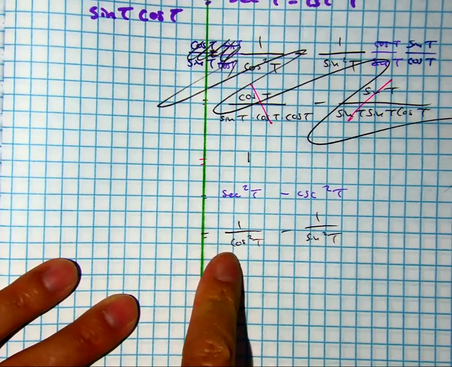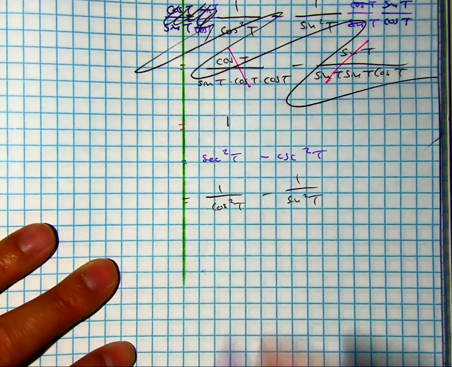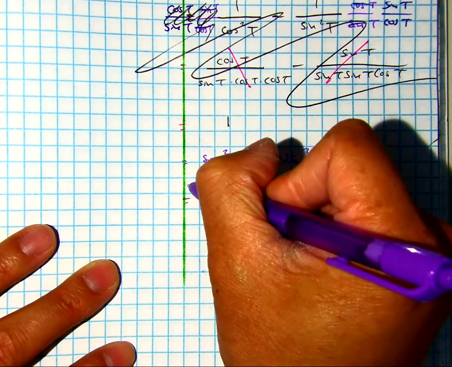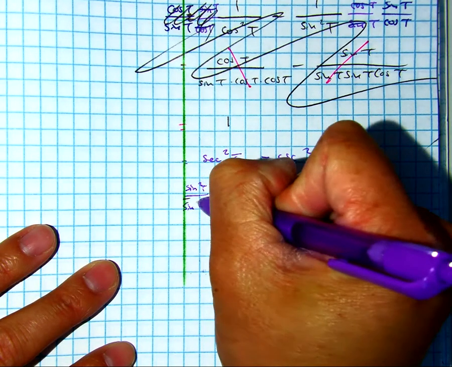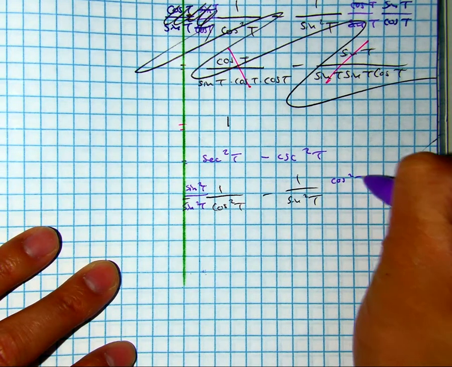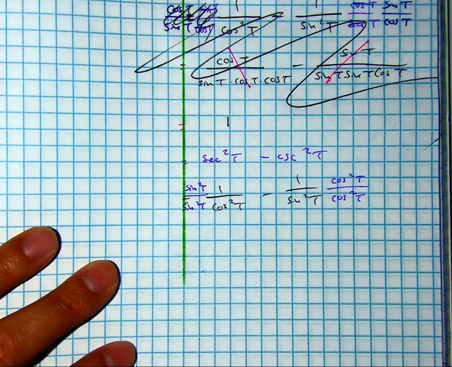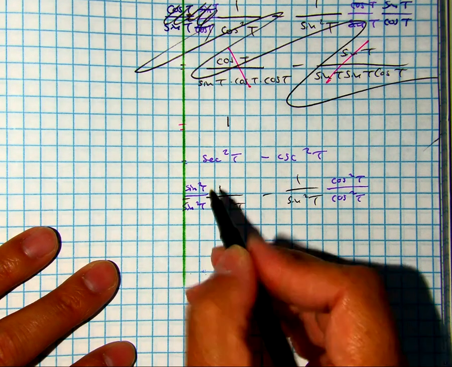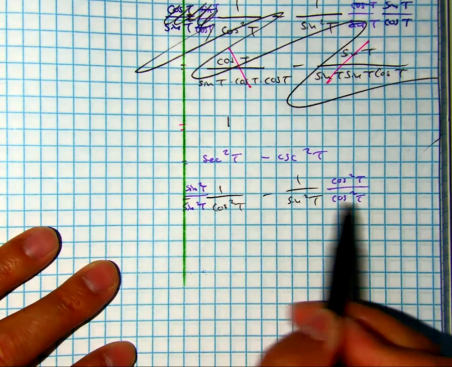Okay, you said to multiply this one by what? Sine squared. Sine squared? Yeah. And how about this side? Okay. Why'd you do that? Okay, we got a common denominator.